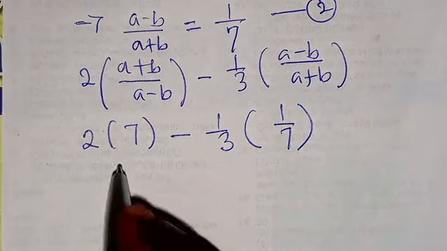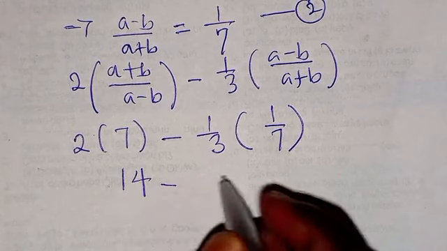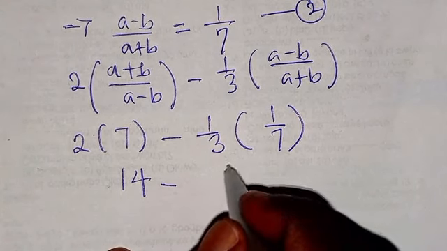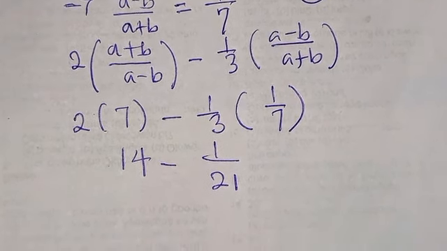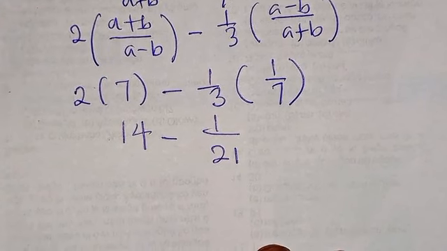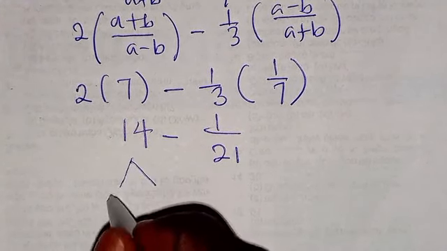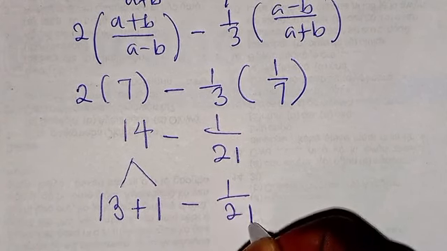So therefore we are going to have 2 times 7, that will be 14, minus 1 over 3 times 1 over 7, which is 1 over 21. So now from here, what are we going to do? Now I can rewrite this by splitting this 14 into 13 plus 1 minus 1 over 21.